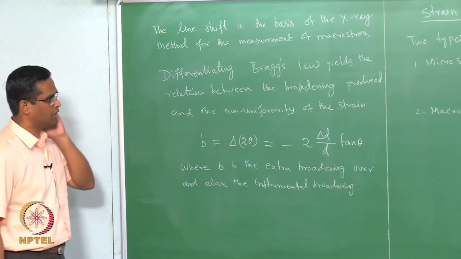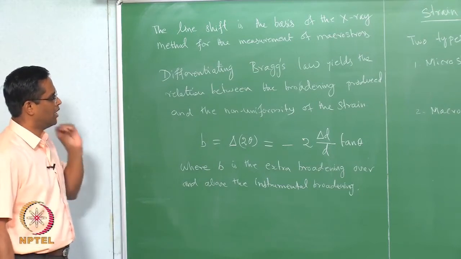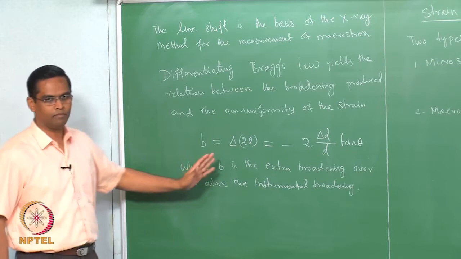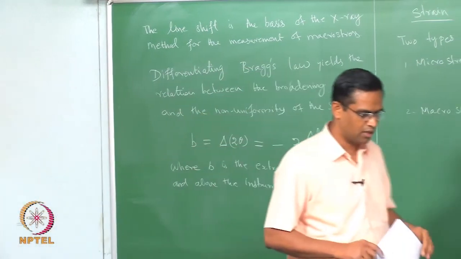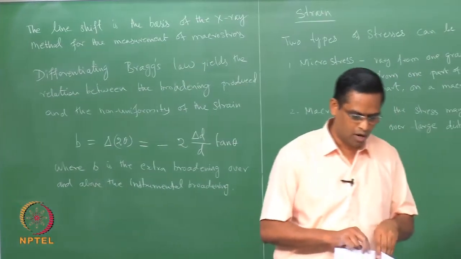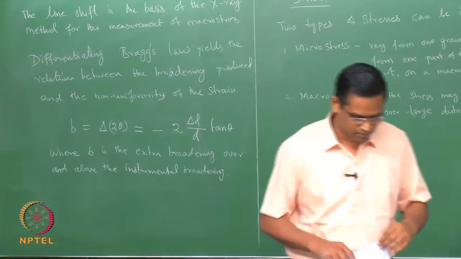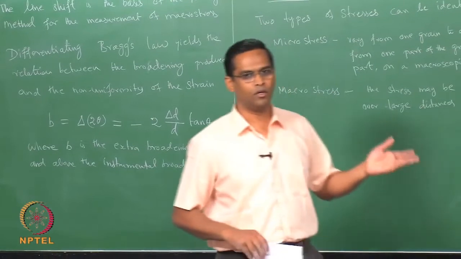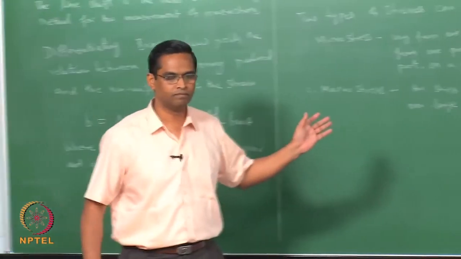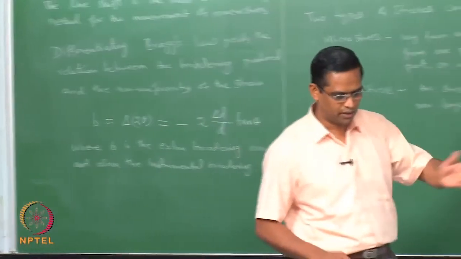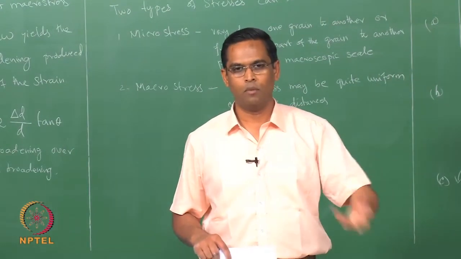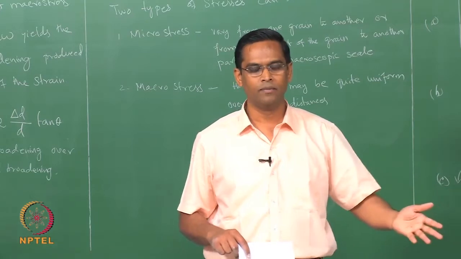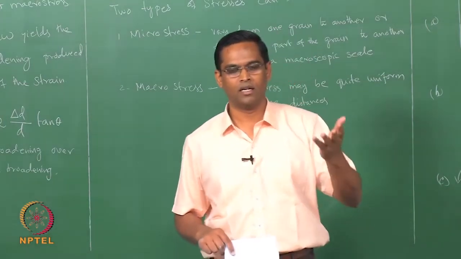So now the question is, we are talking about peak broadening because of crystal size. Now we talk about broadening because of the instrument error, and also broadening due to the strain. So, how to separate these? How do we know that a particular amount of broadening is because of the strain or because of the crystal size?